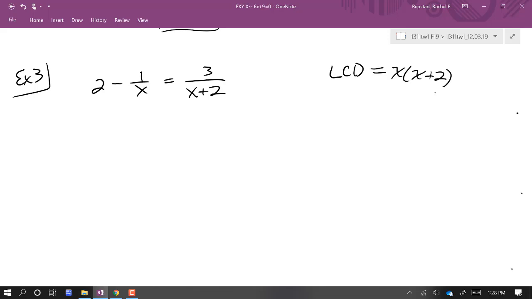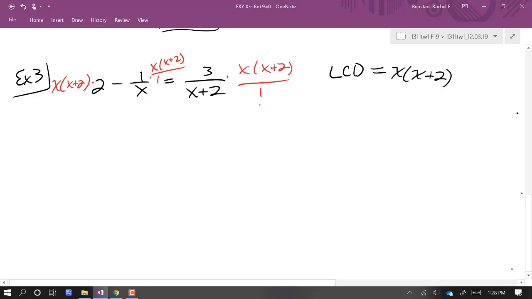So then we're going to multiply all terms by x times x plus 2. This is an equation, which means I do have both sides of an equation. And that's where I multiply everything through by the same thing. That is different than if we were just adding or subtracting fractions when it's not an equation and we don't have both sides.